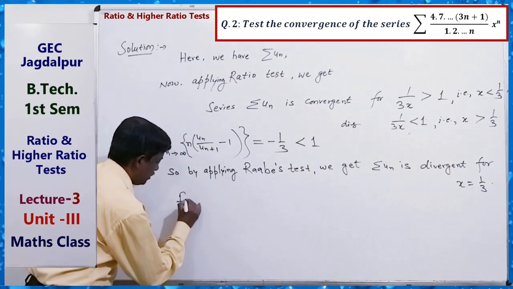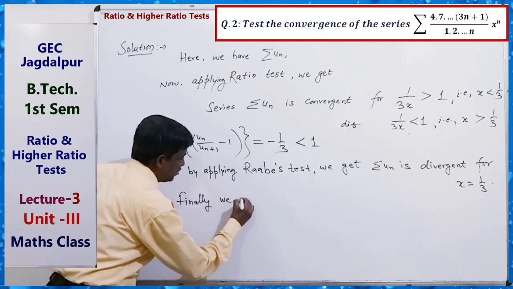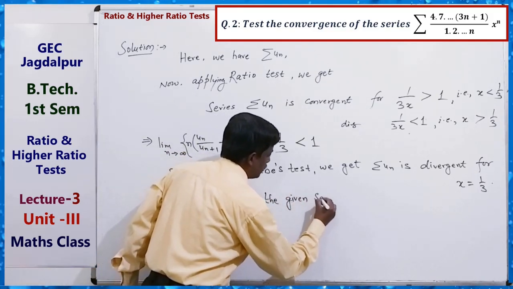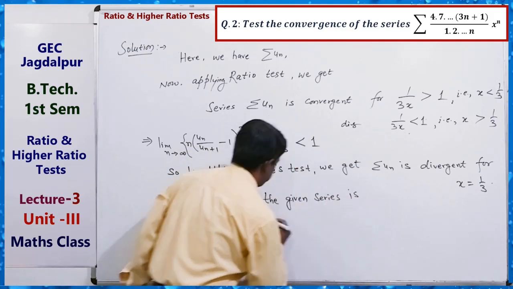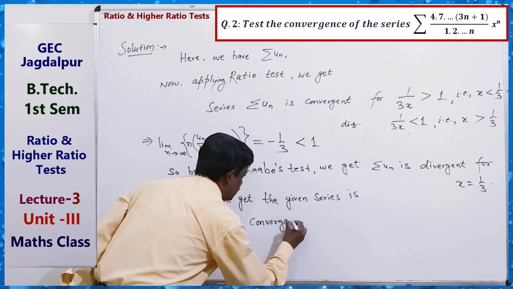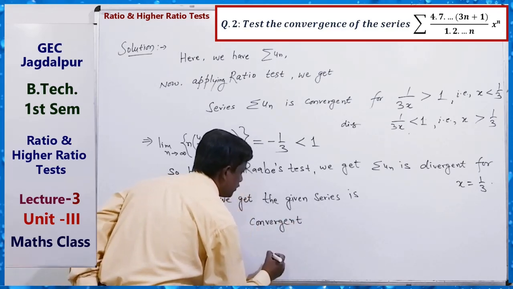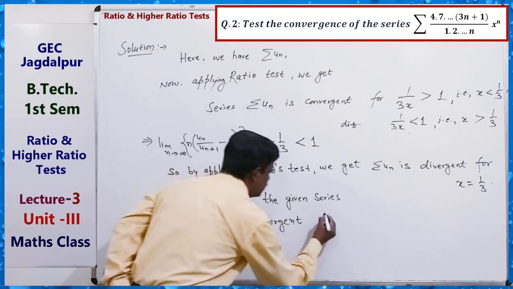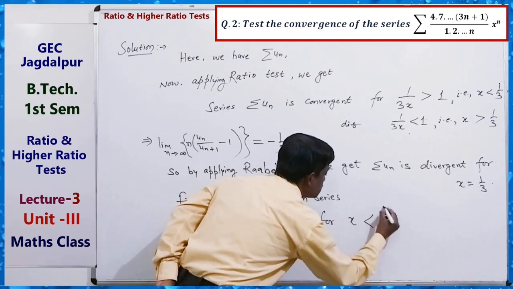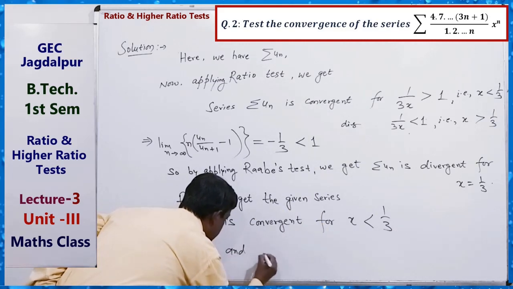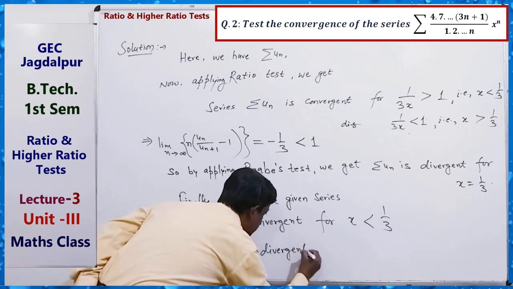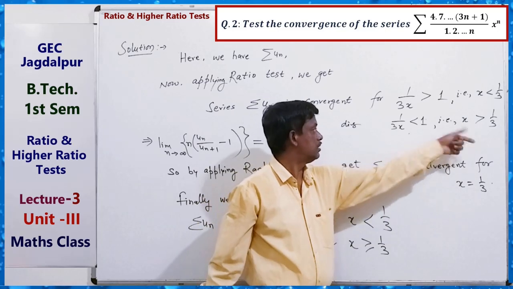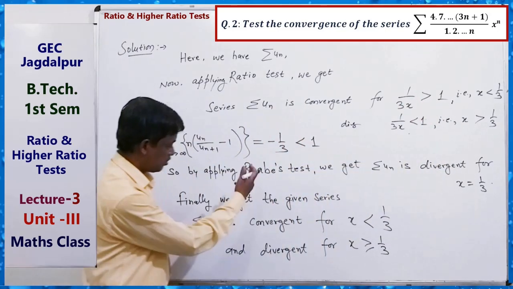So finally, the given series u_n is convergent for x less than 1 by 3 and divergent for x greater than or equal to 1 by 3, because equal, divergent; greater than, divergent; less than, convergent. So this is our final decision.